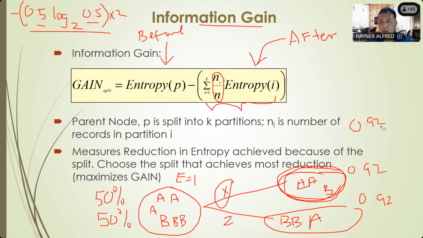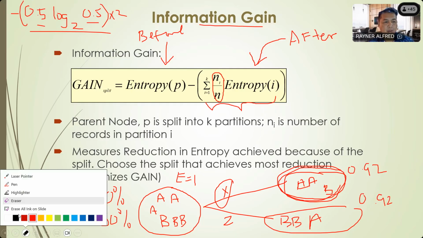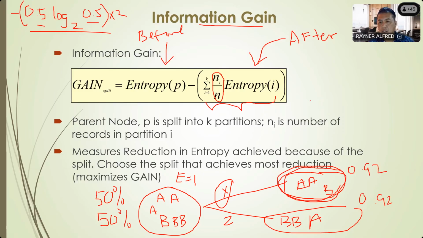So how do we total up this one? Okay, so the total entropy after we split should be, because this is the weightage, 3/6 times 0.92 plus 3/6 times 0.92. So this is the total entropy for this.